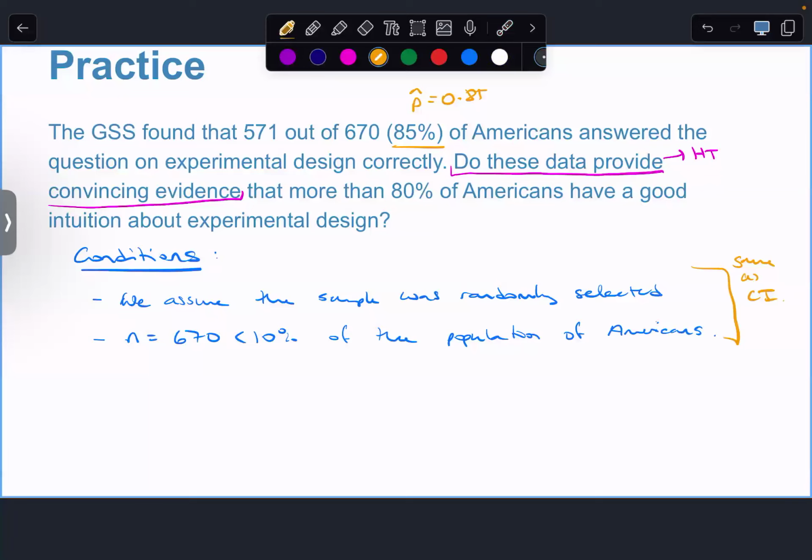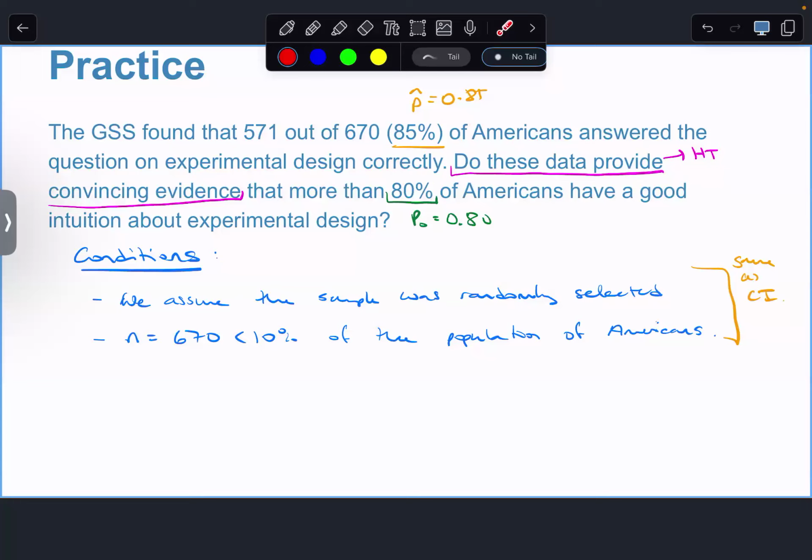And so here, p naught is going to be 0.8. Specifically, we want to know if more than 80%, so significantly more than 80%, gave this answer on the survey. 85% is more than 80, but we want to know if it's significantly more, right?